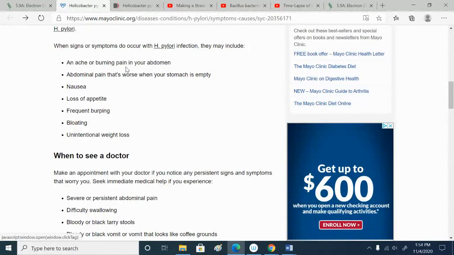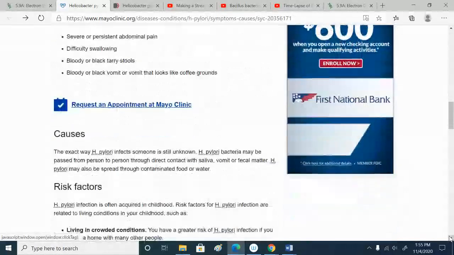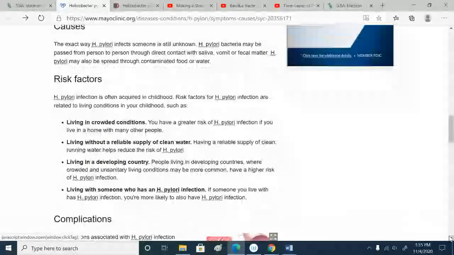Of course you get that burning pain from the ulcer. You may have nausea, loss of appetite, infrequent burping, bloating, unintentional weight loss, because if eating causes pain, you tend to eat less. But it can progress and be more severe, ultimately potentially leading to stomach cancer.